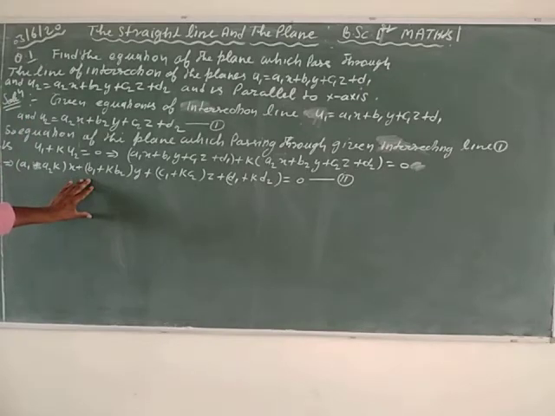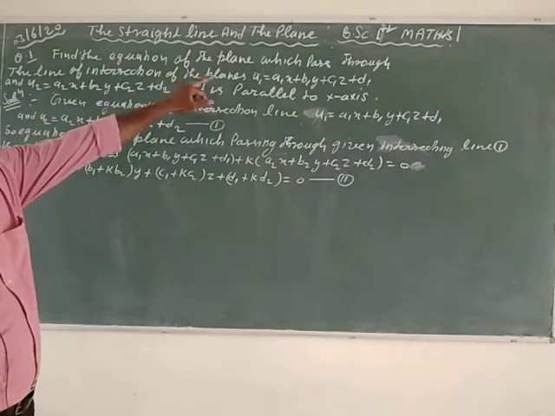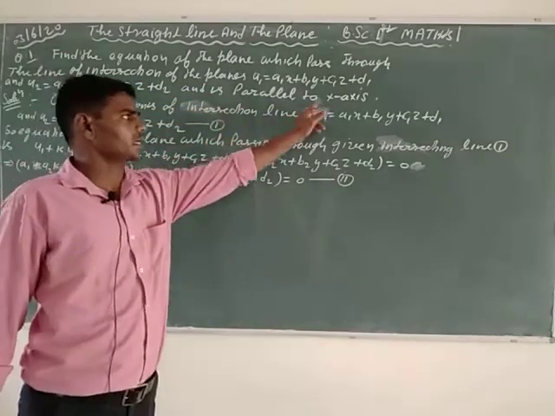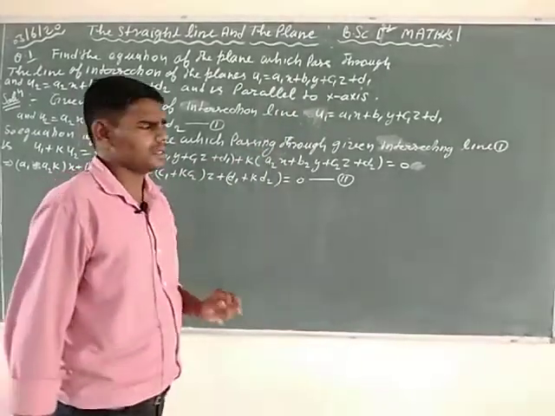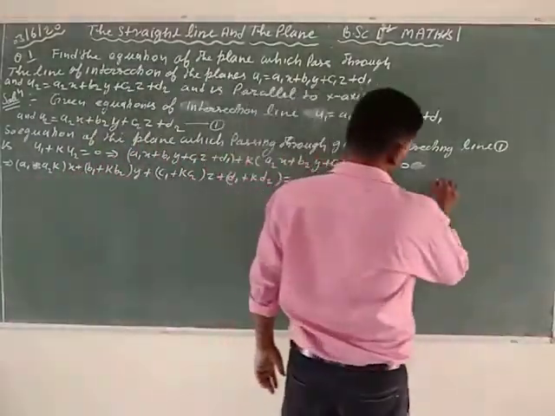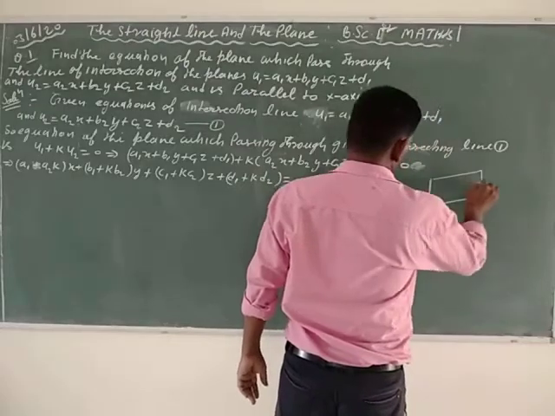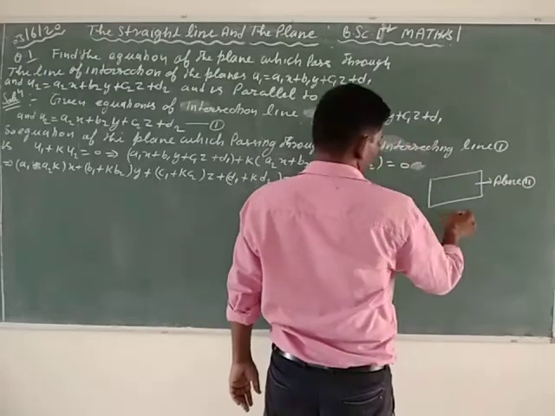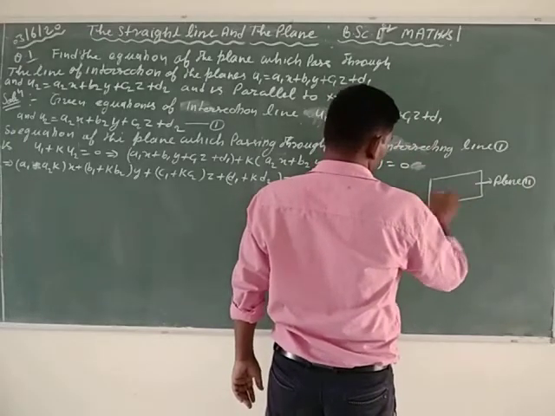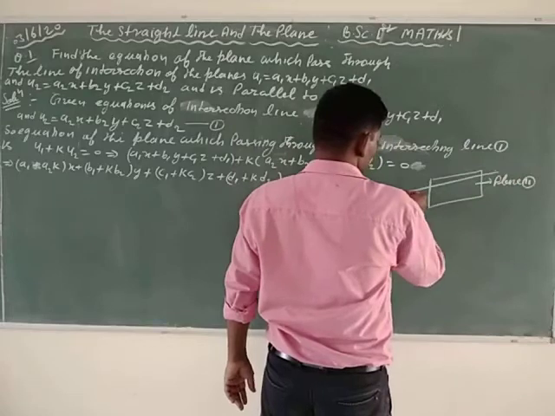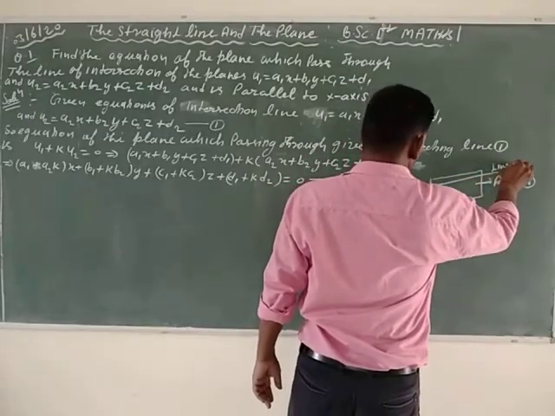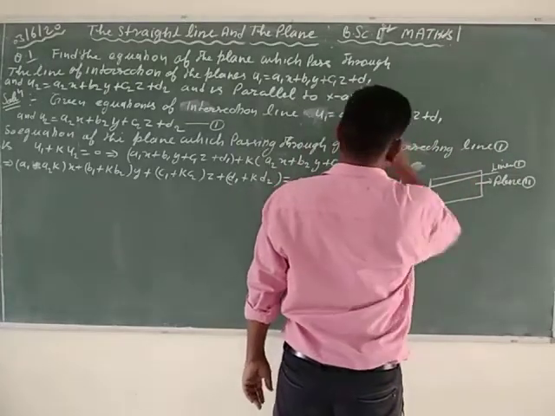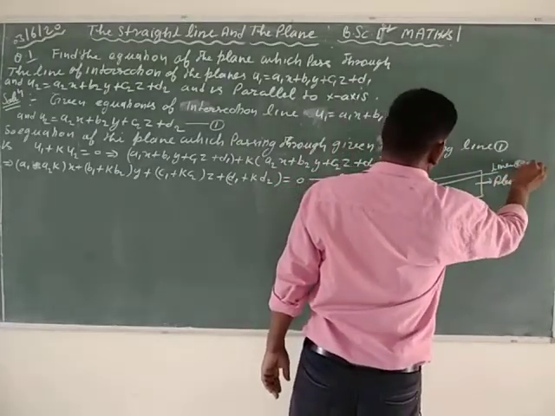In the question, we must find the equation of the plane which passes through this line of intersection and is parallel to the x-axis. Suppose the plane is plane second, and the line parallel to it is the x-axis.